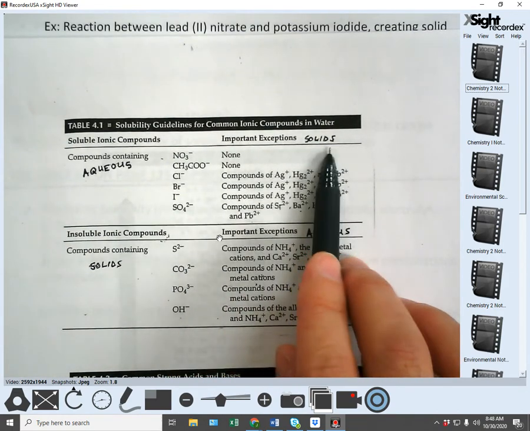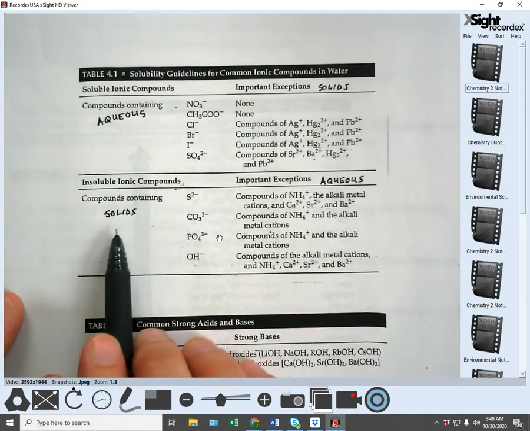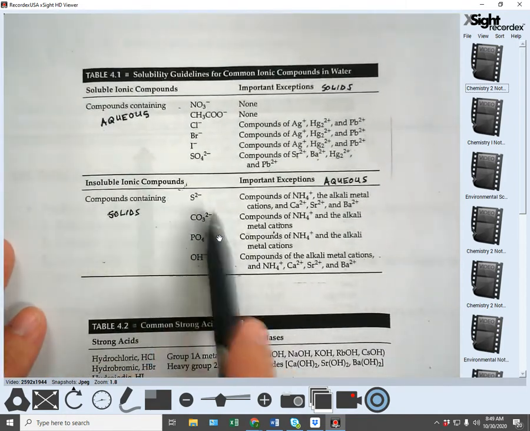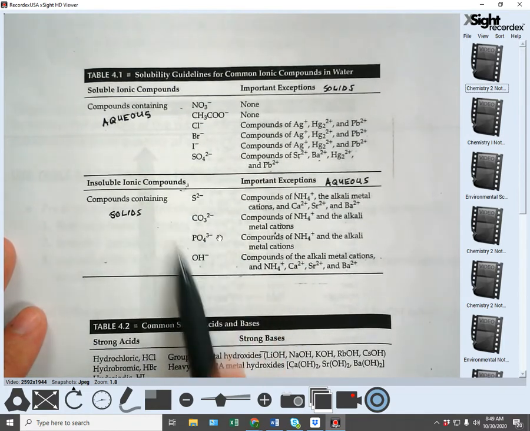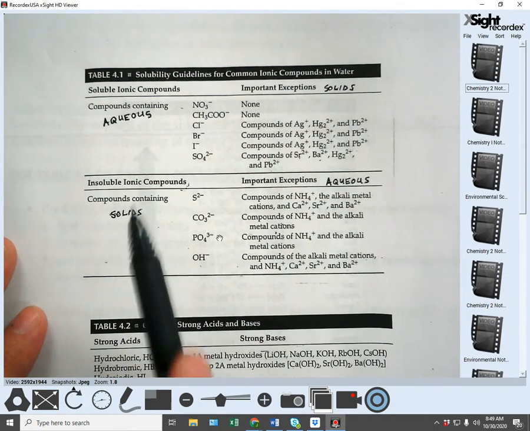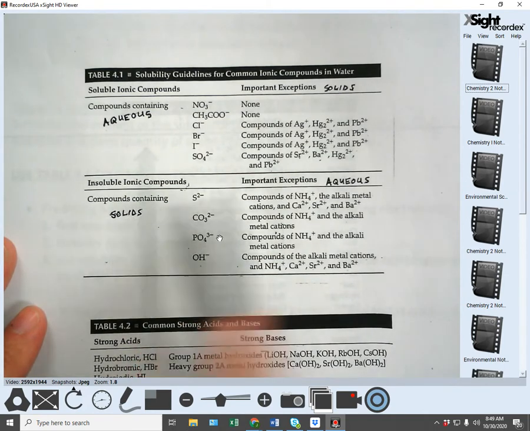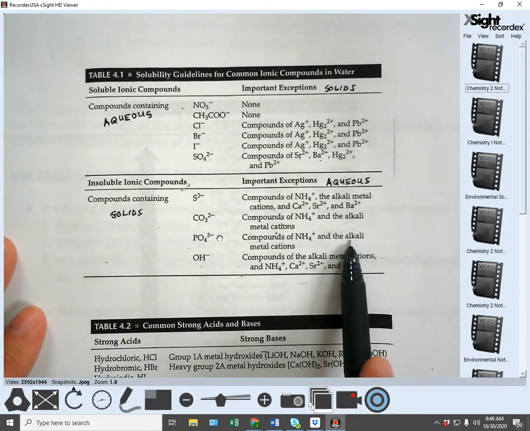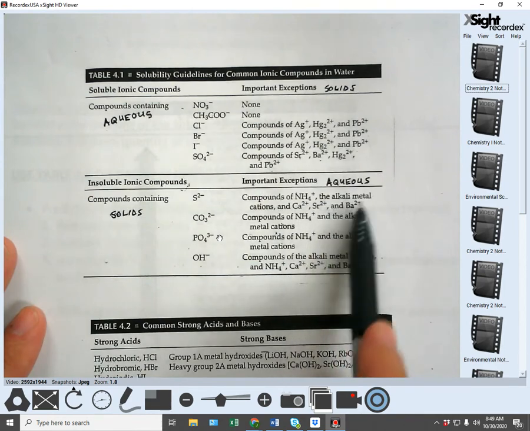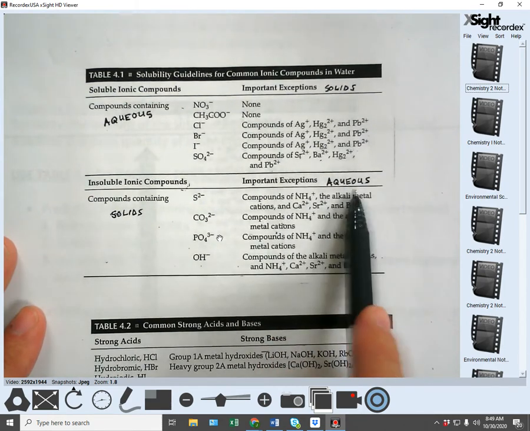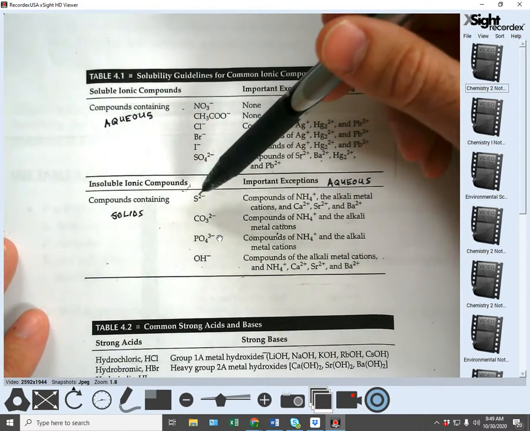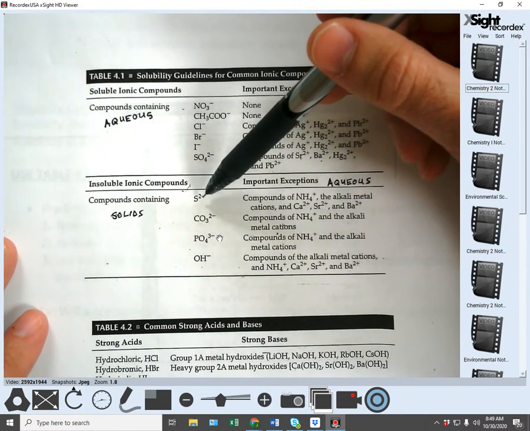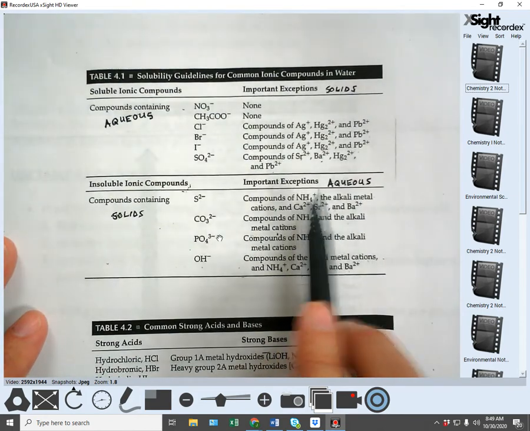Those exceptions make it a solid. The same thing down here for the insoluble ionic compounds, except flip-flopped. Anything with these anions will be insoluble, meaning it's a solid, unless it has these exceptions. If the cation is one of these exceptions, then it would be aqueous. So anything with sulfide as the anion is going to be a solid, unless it's got ammonium.